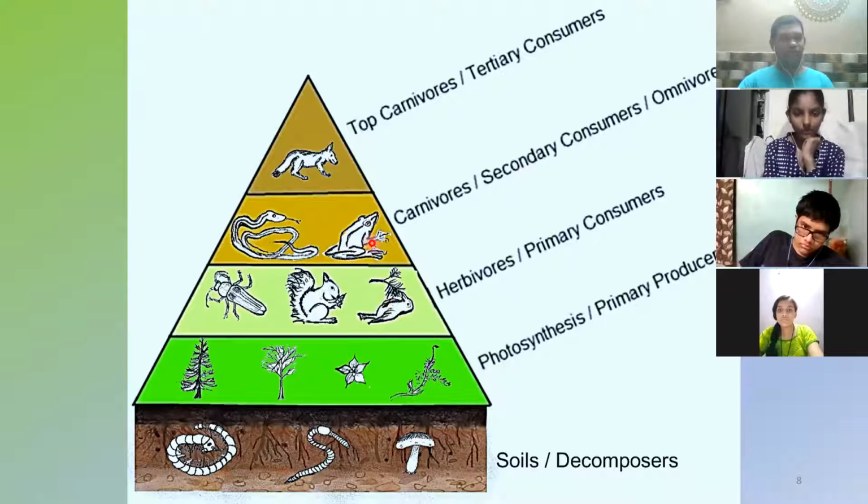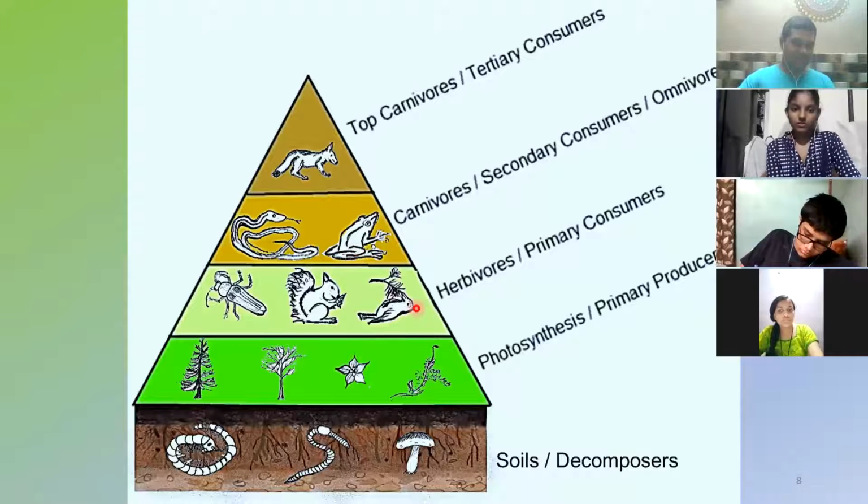And then there are something called top carnivores. कुछ ऐसे carnivores होते हैं जो दूसरे carnivores पे feed करते हैं. Like a frog eats an insect, but a frog is eaten by some other animal also. तो वो top carnivore या tertiary consumer.